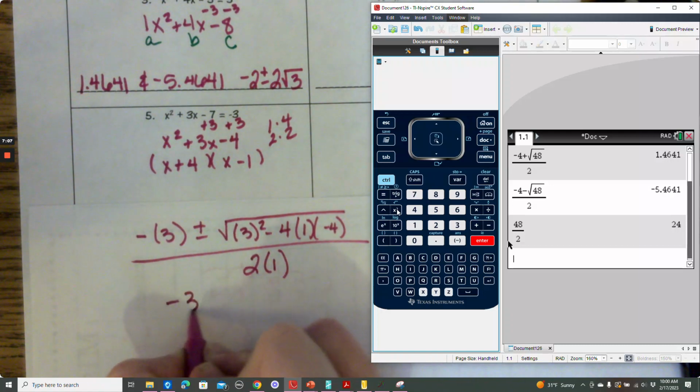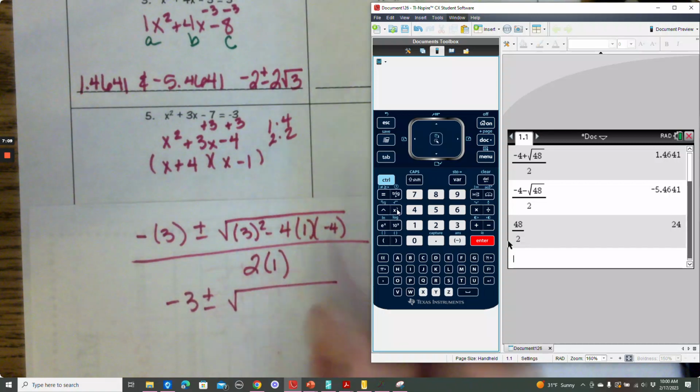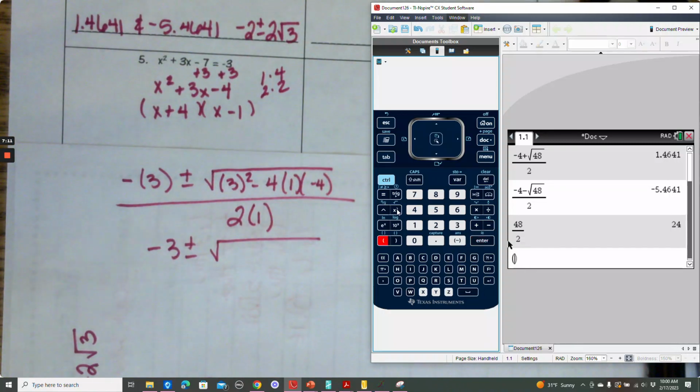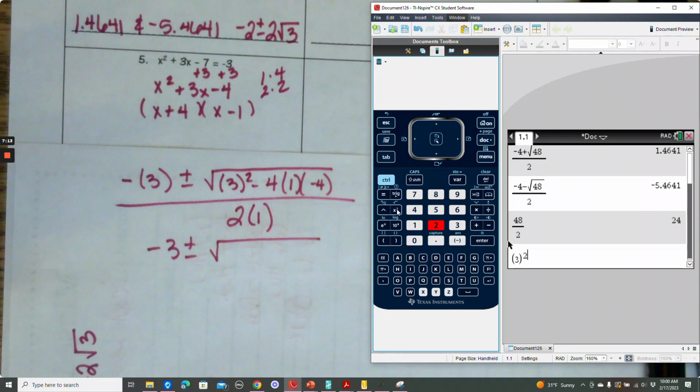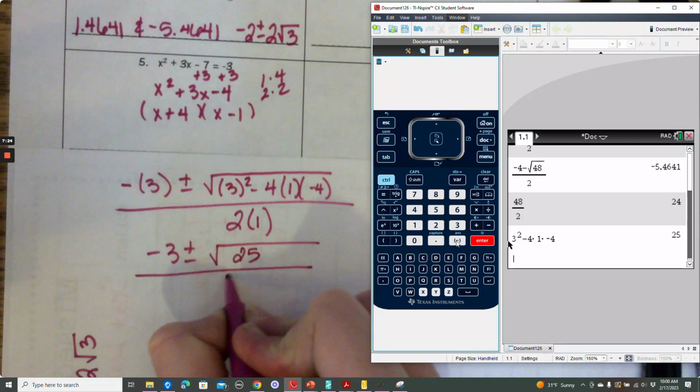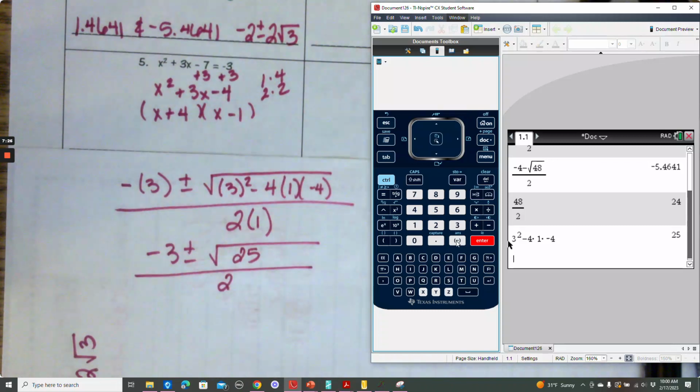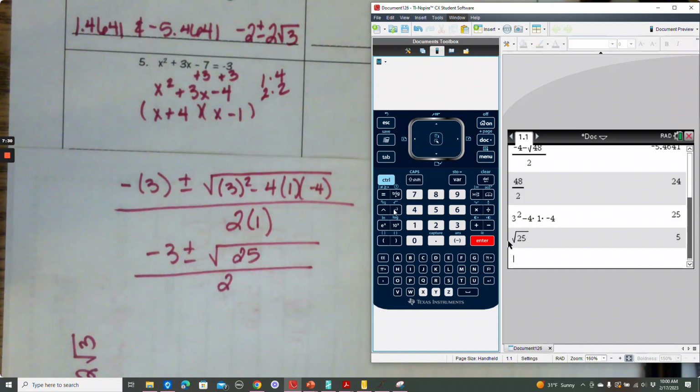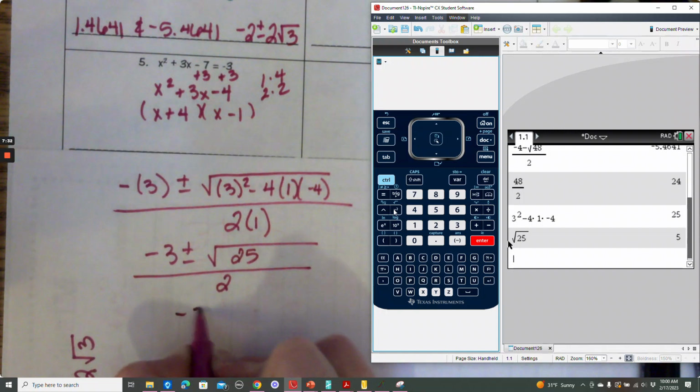So negative 3 plus or minus. What's underneath the radical? 3 squared minus 4 times 1 times negative 4 is 25. 2 times 1 is 2. Check your square root. Square root of 25, which is, oh, it's nice and pretty. I love it when they're nice and pretty.